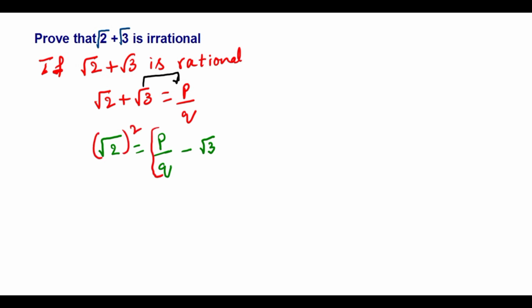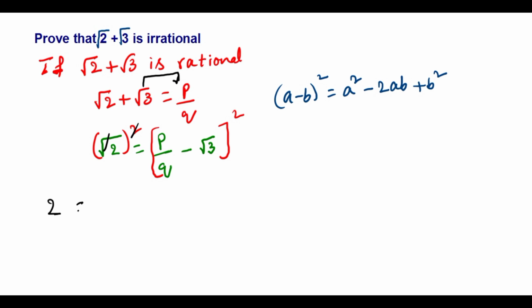This is in the form of a minus b whole square, and a minus b whole square gives a square minus 2ab plus b square. The square and root get cancelled, so that is equal to 2, and we write the right side in the form of a minus b whole square.